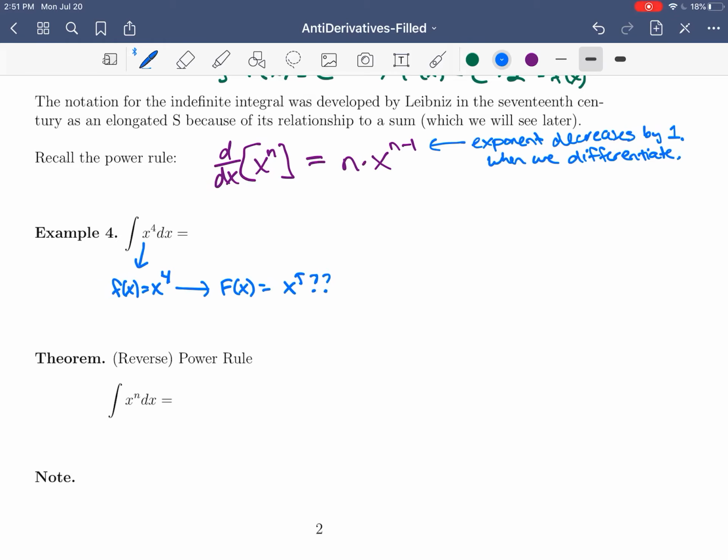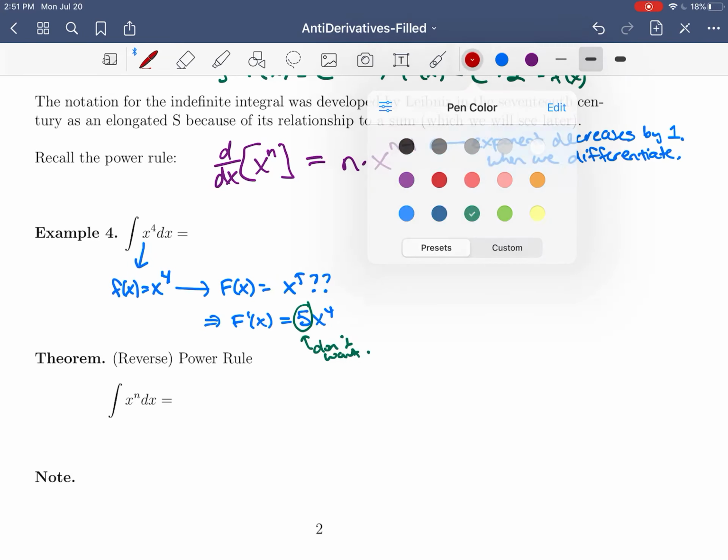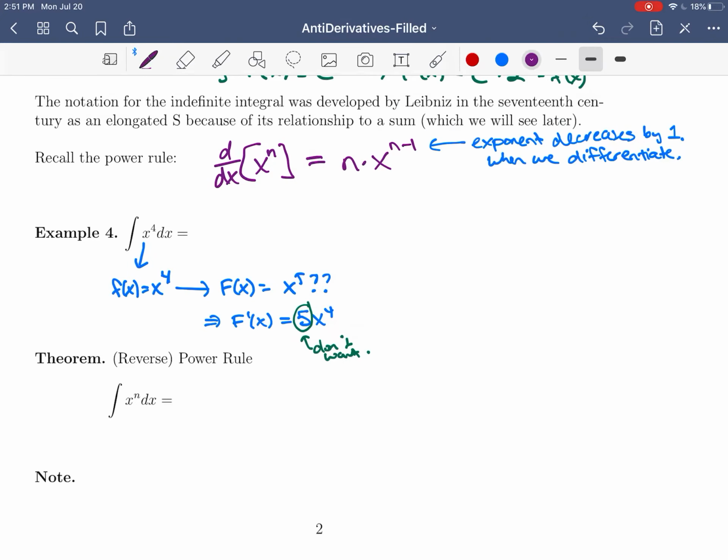So I probably want to be 1 power bigger. Now, what happens if I take the derivative here? Well, we already took this one, I think. So this is 5x to the 4. So I got a 5 that we don't want.